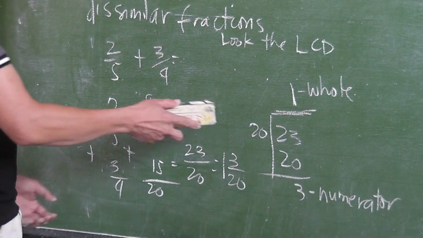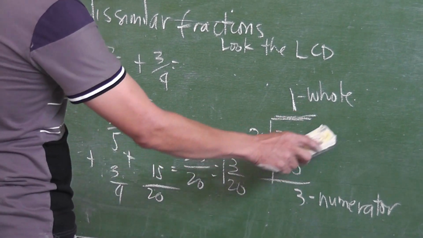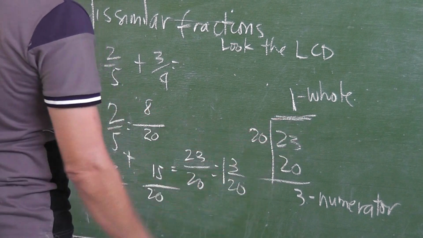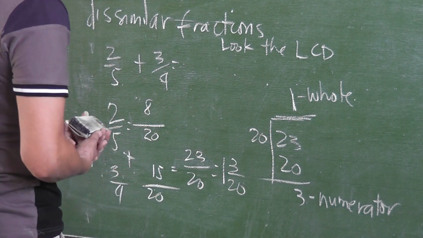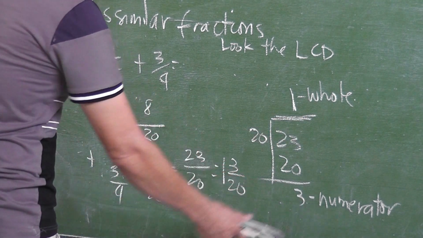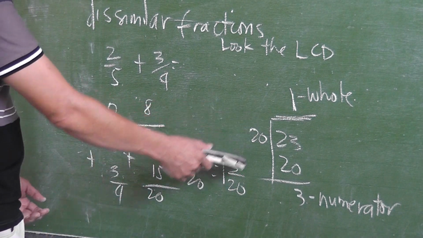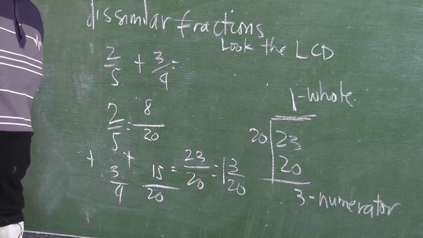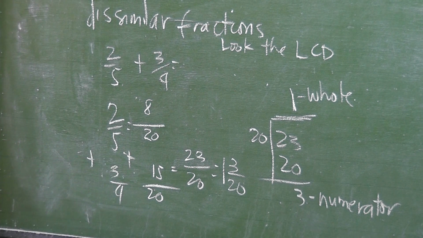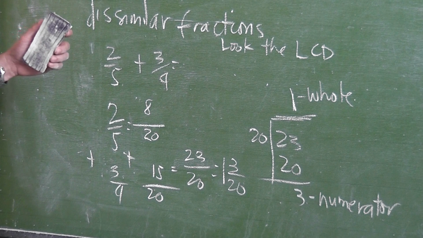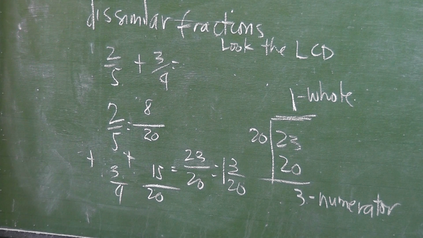Our whole number is the quotient, our numerator is the remainder, and our denominator is still 20. That is how to do adding dissimilar fractions. Just review it. We'll go to subtraction.